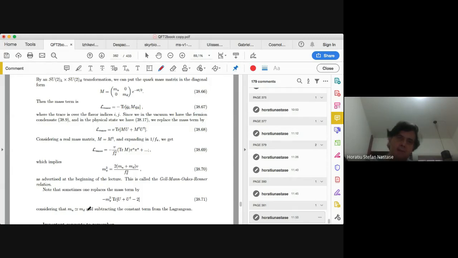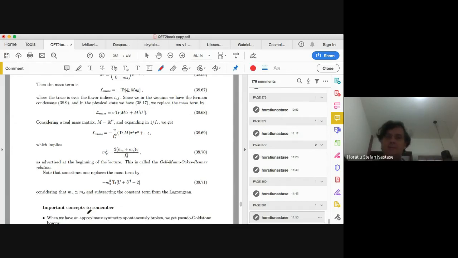If m_u is considered approximately equal to m_d, which by lattice simulations is supposed to be true, then this is the mass term, and that finishes my discussion of pseudo Goldstone bosons, chiral symmetry, the nonlinear sigma model, and general low energy QCD or low energy some other theory.